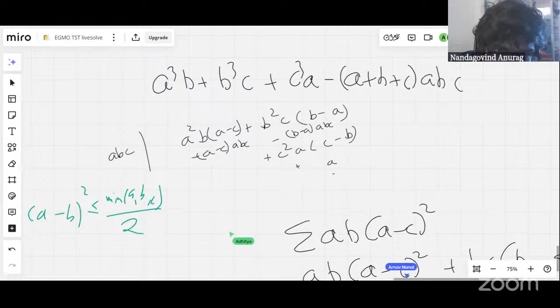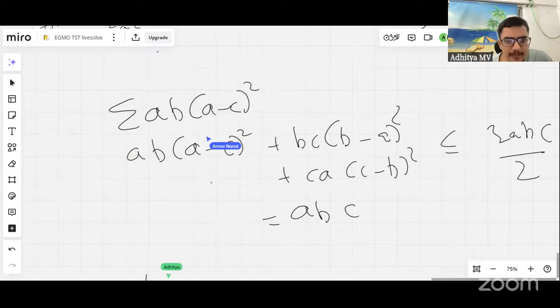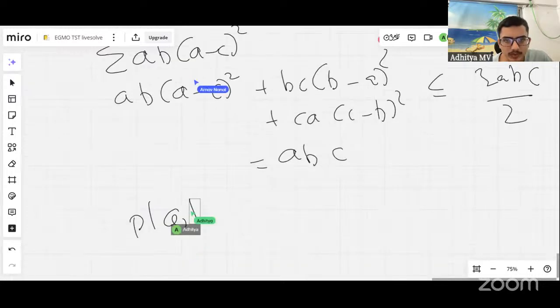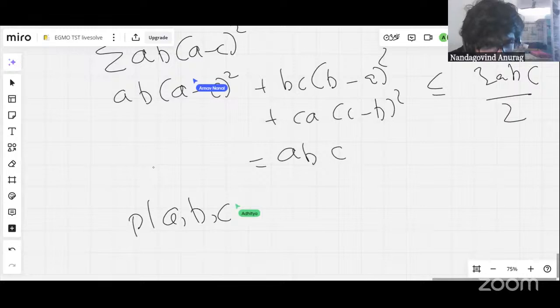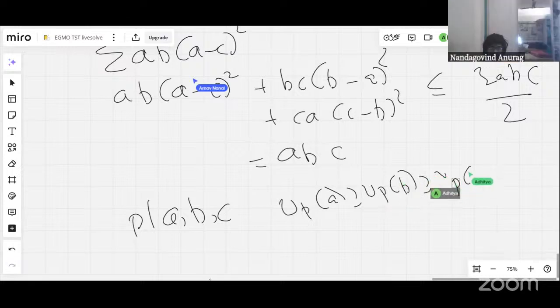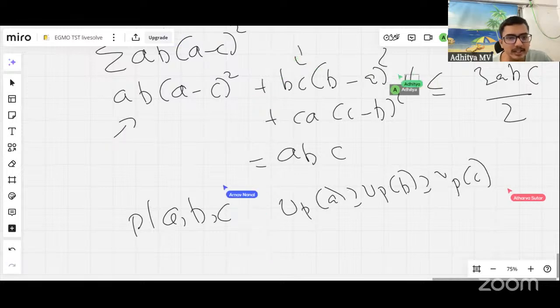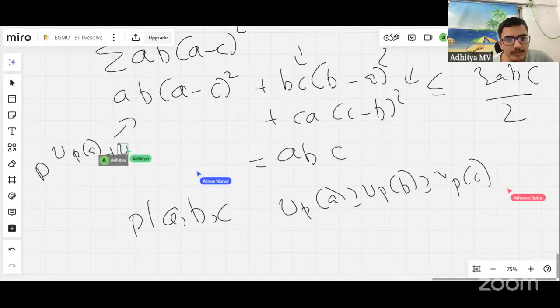My thinking is, okay, wait, maybe we can look at it like this. If P divides A, B, and C, all three of them, and let's say VP of A is at least VP of B is at least VP of C. Then each of these three numbers is divisible by P to the VP of A plus VP of B plus 2 VP of C. Right?